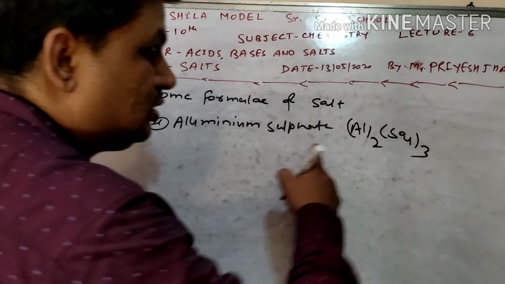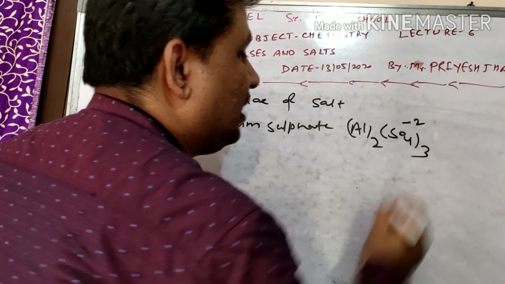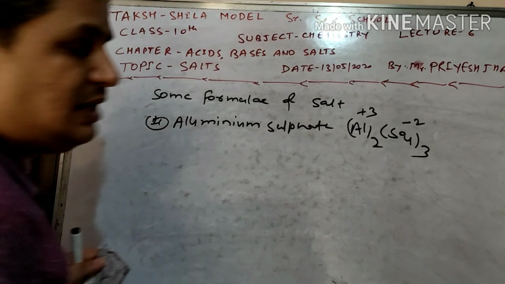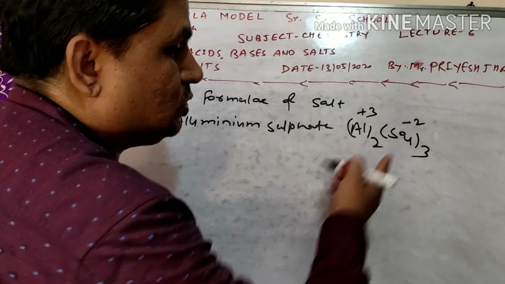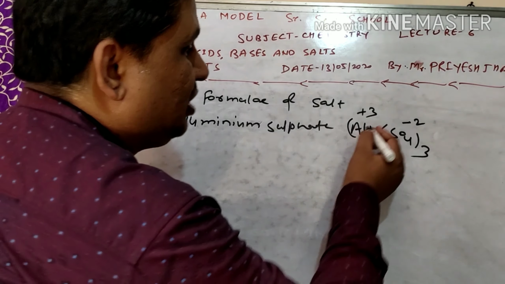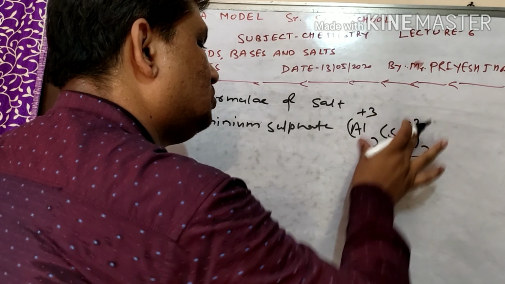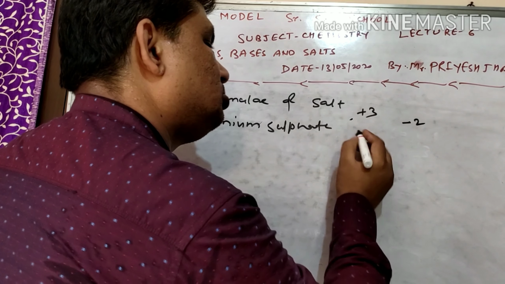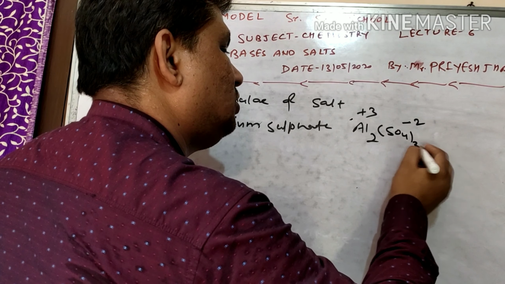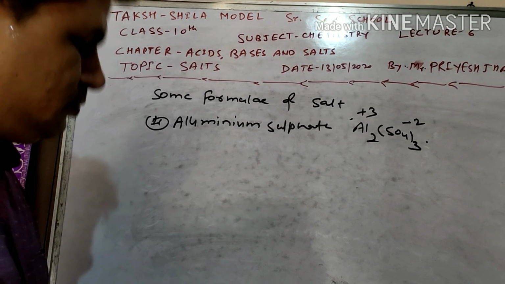This formula is generally obtained because sulfate has -2 charge and aluminium has valency +3. So in cross multiplication they become neutral. So the chemical formula of aluminium sulfate is Al2(SO4)3 and so on.